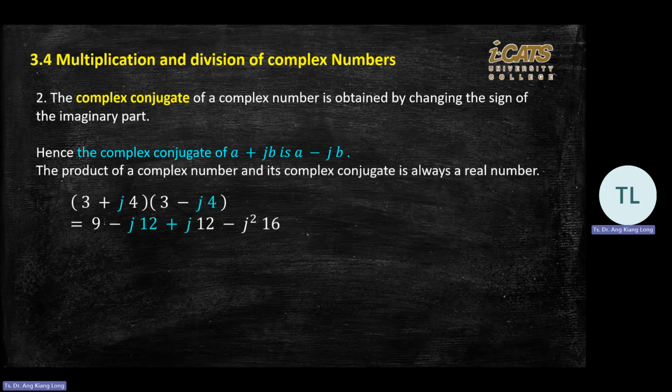So if you take a conjugate and multiply it by itself, for example 3 + j4 multiplied by its conjugate, basically if you have a + jb multiplied by a - jb, what do you get? Never mind.